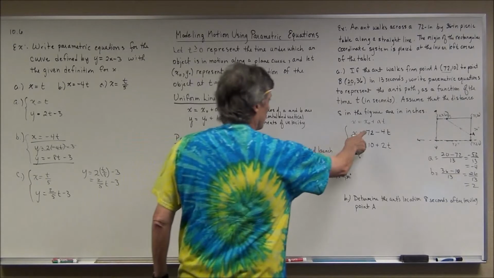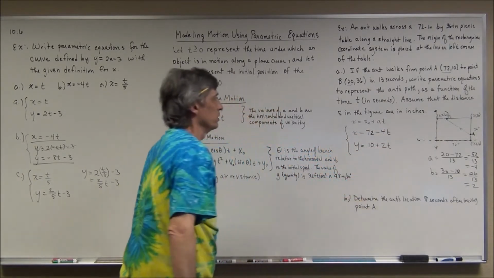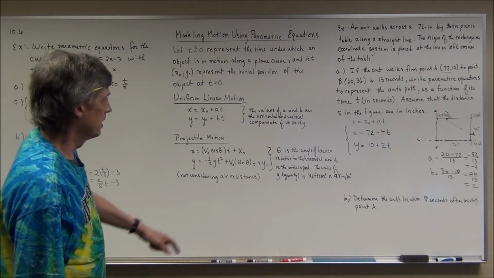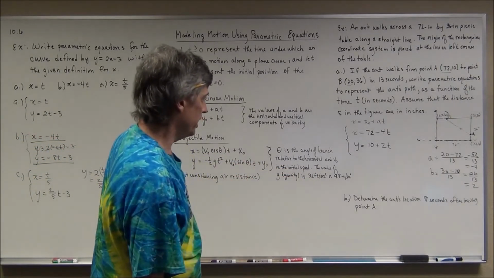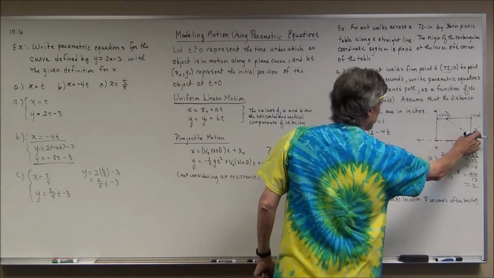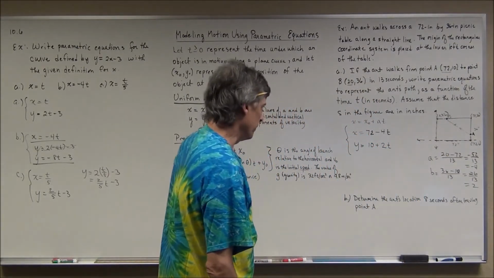Notice here, initial placement and my velocity, horizontal and vertical components of my velocity. Then it says, determine the ant's location 8 seconds after leaving point A. Well, it took 13 seconds to go from here to here, so he's probably about there somewhere. So let's see if we can figure that out.